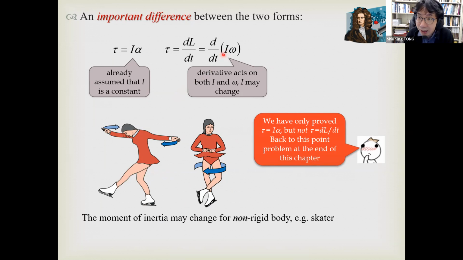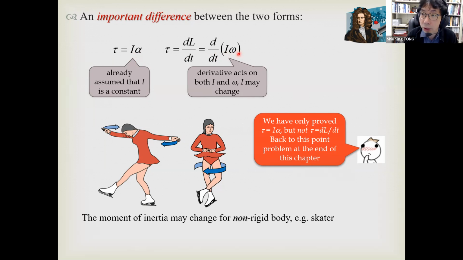And if that is the case, then this form of Newton's second law will not be the same as this form, because the derivative now also acts on the moment of inertia, not only the angular velocity, right? So this form will not be the same as the form tau equal to I alpha, because the derivative now has two objects to act on.